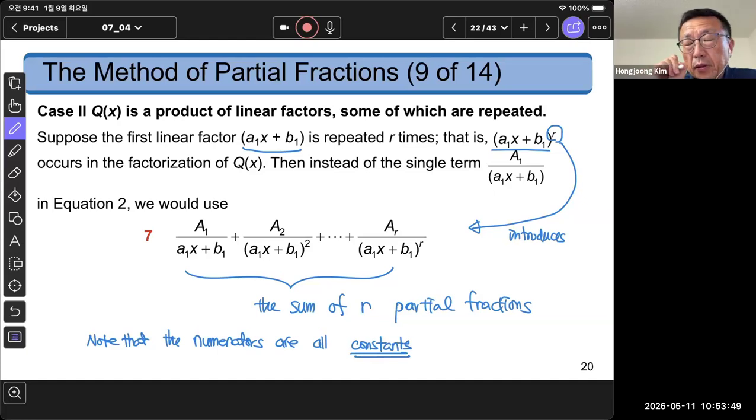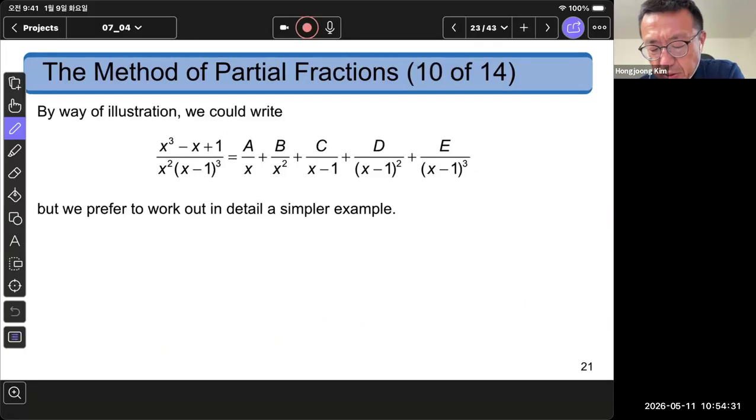But the denominator will be a polynomial of degree 1, 2, 3 up to r. So the degree of the denominator will increase from 1, 2 up to r, while the numerators are always constants. You never increase the degree of the numerators. Numerators will always be numbers, constants, but denominators will be a1x plus b1, a1x plus b1 squared, a1x plus b1 cubed, and so on.